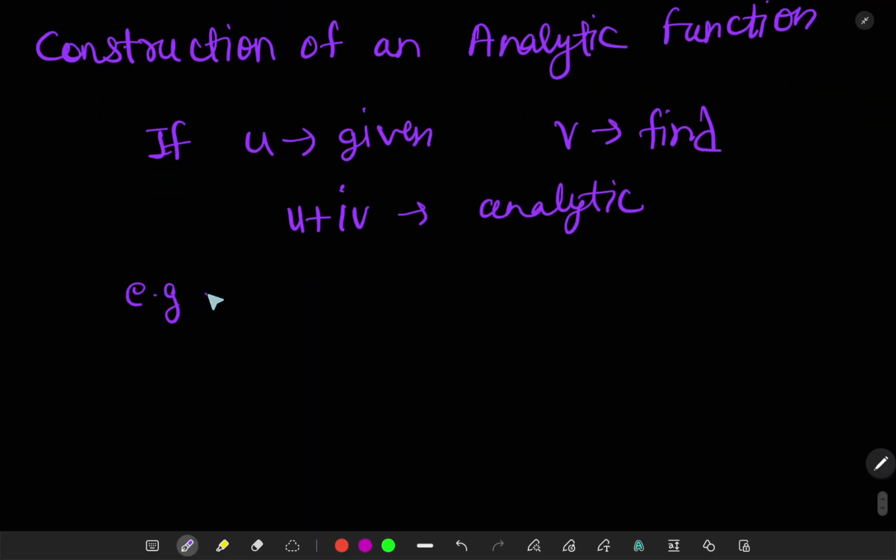For example, if u is given as this value and we need to find v, we use here the Cauchy-Riemann condition.